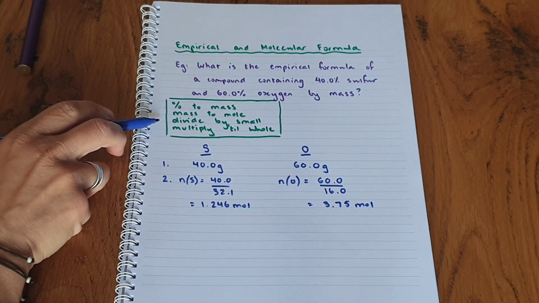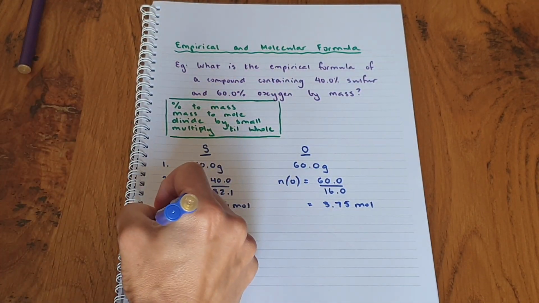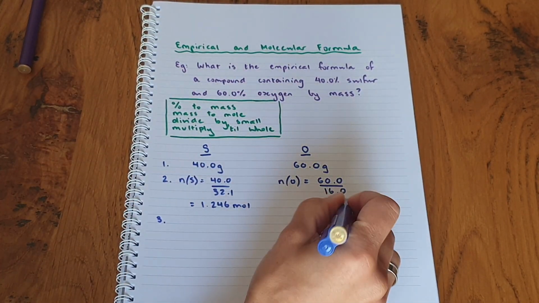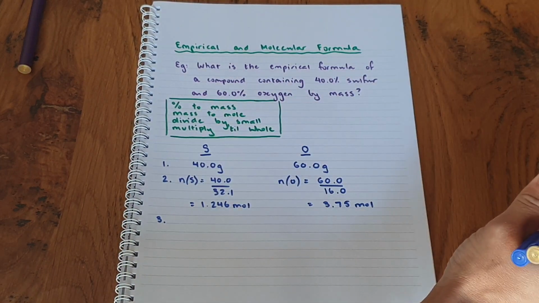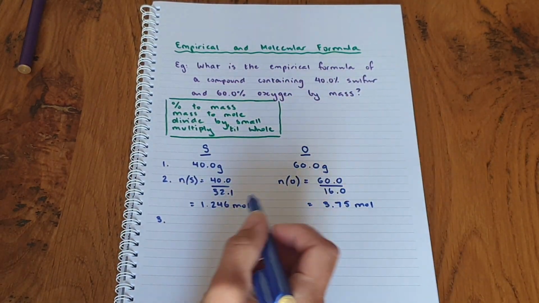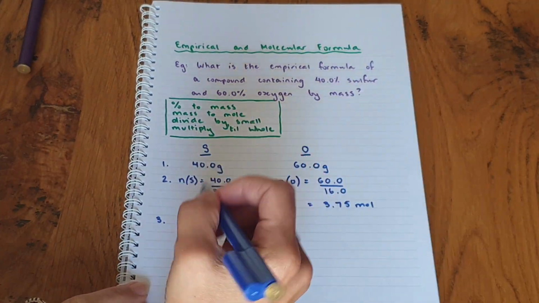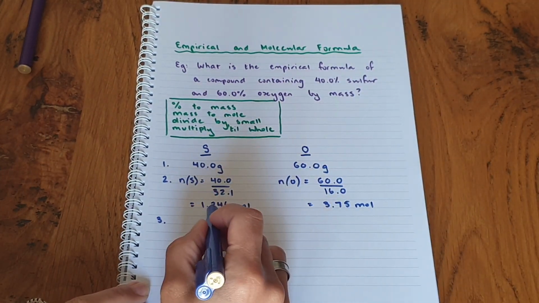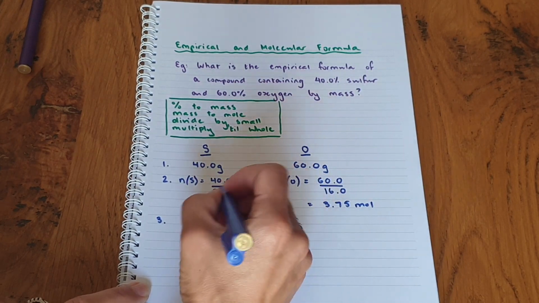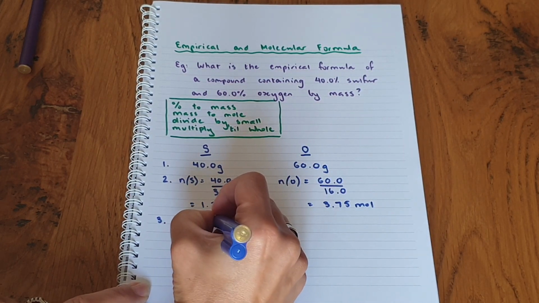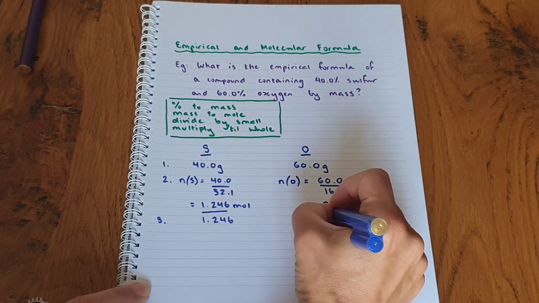Okay, the third step is to divide by small. What does that mean? Third step means take the 2 moles or 3 moles or however many elements you have in this compound, look at them, and whichever is the smallest number, you will divide all of those moles by their smallest number. So the smallest number here is 1.246. So we will divide both of these numbers by 1.246.